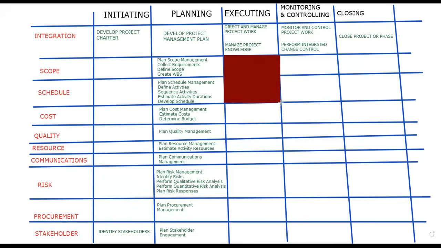Neither is there anything for schedule or cost in executing. So that whole place is blocked. You see that visual I'm giving you there? I want you to remember there is blocked. So there's no reason to recall anything except this is blocked.